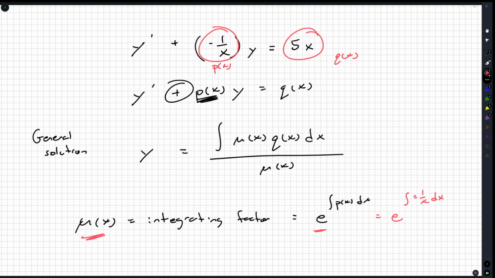So we can pull the minus sign out. The integral of 1 over x will be ln x. But e and ln cancel each other out. So it's actually going to look like x to the minus 1. 1 over x is going to be our integrating factor here.